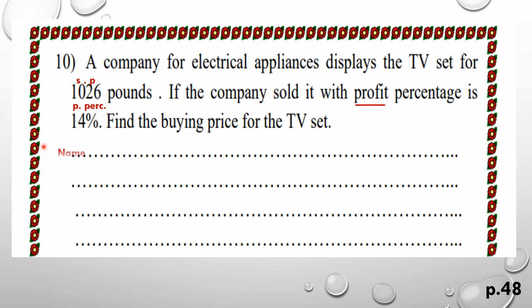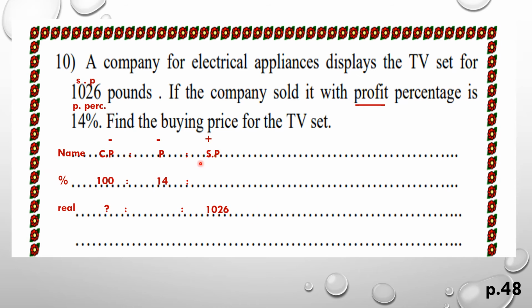So our form will be name, percentage, real, cost price, profit, selling price, minus, plus, and this space will be filled with 100. 1,026 should be put under selling price. 14% should be put under profit percentage, and our question mark should be put under cost price.